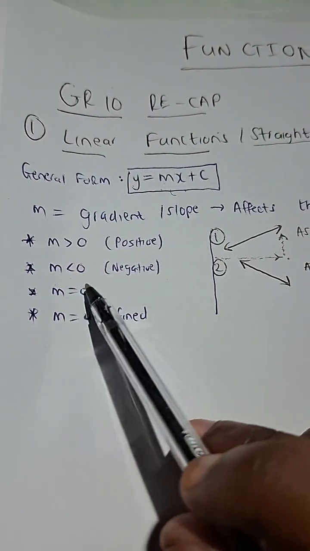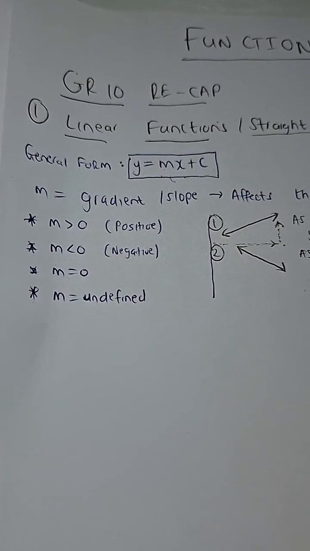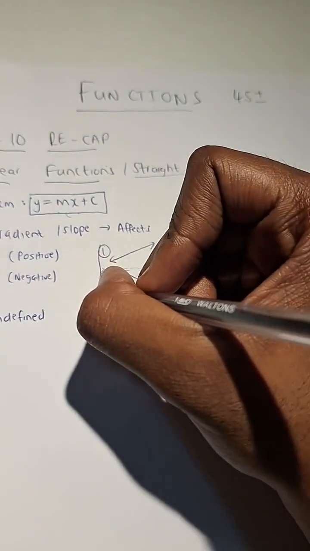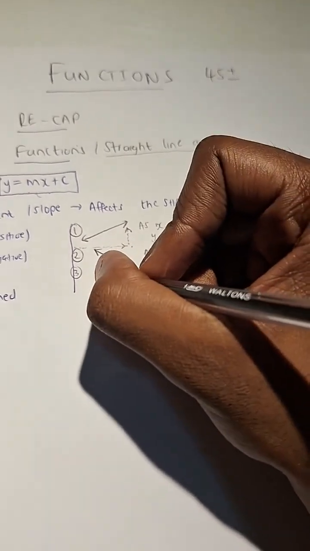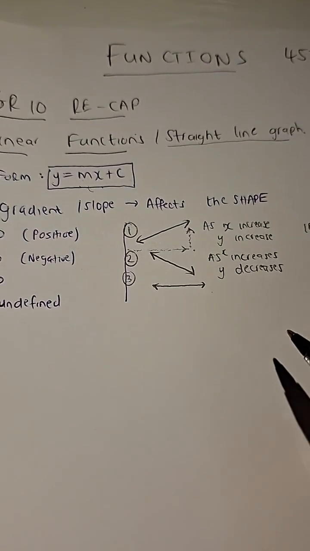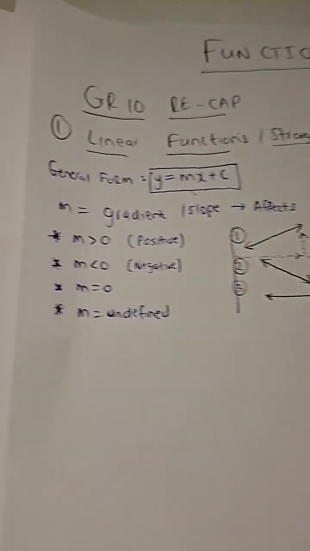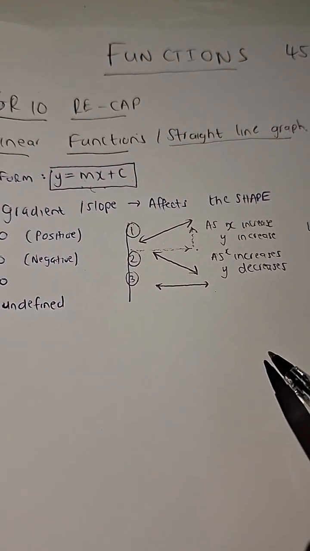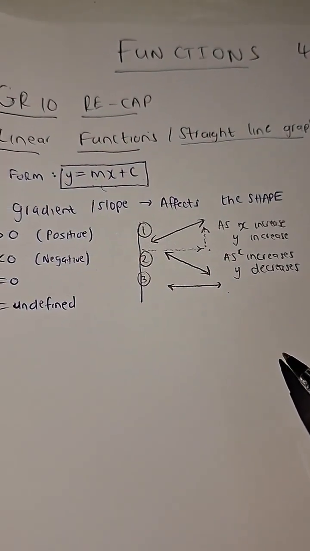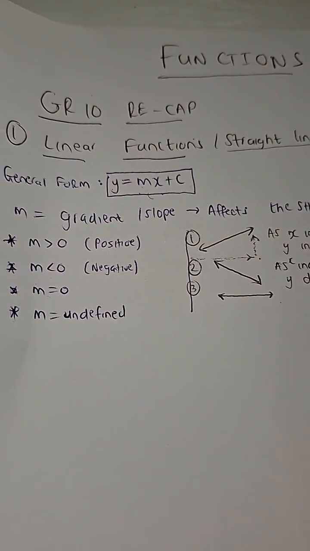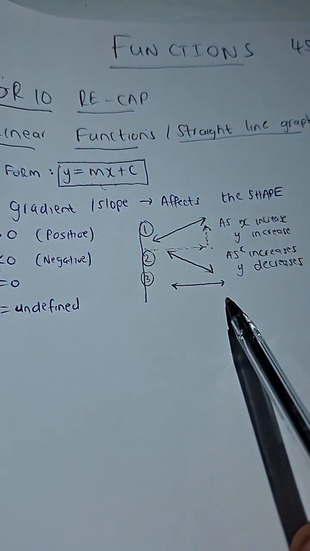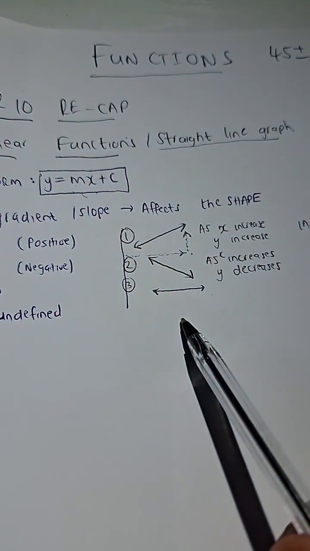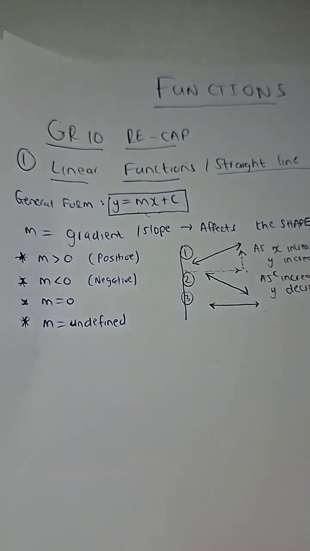What about when m is equal to 0? When m is equal to 0, then we have a straight line that is simply horizontal. In other words, there is no increase, there is no decrease as far as the gradient.